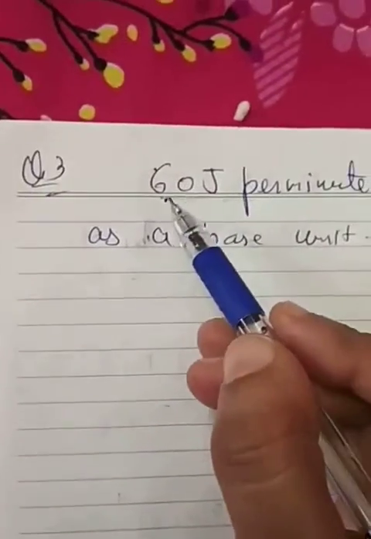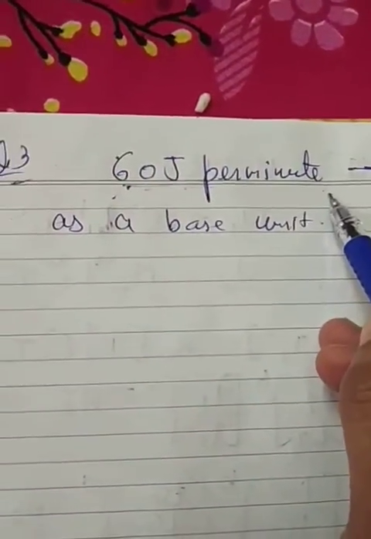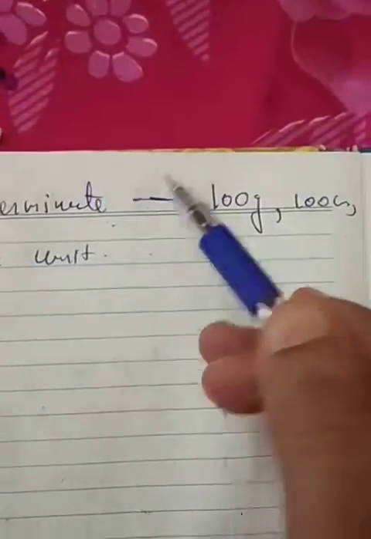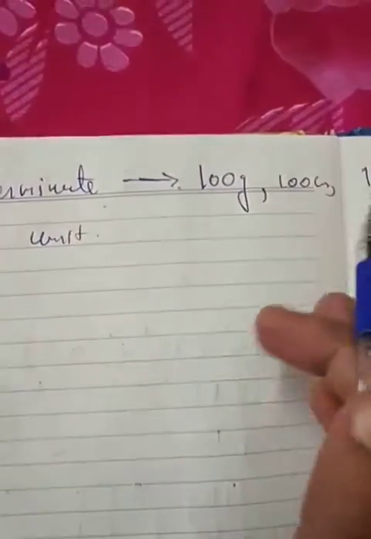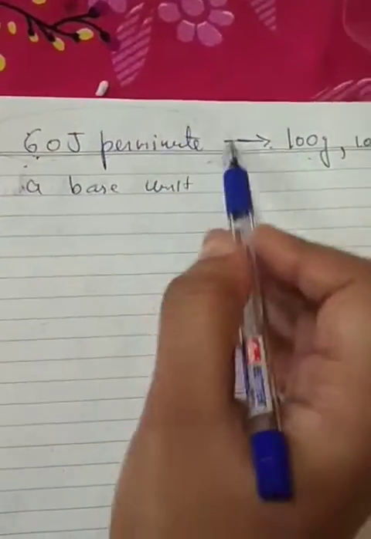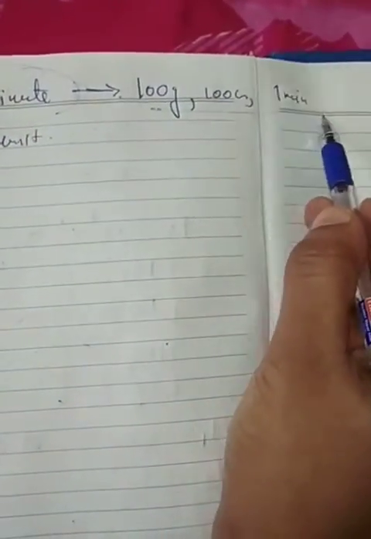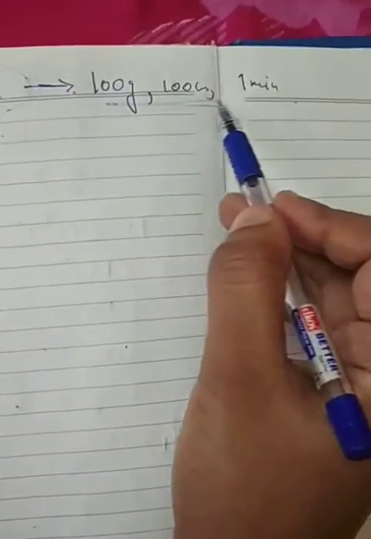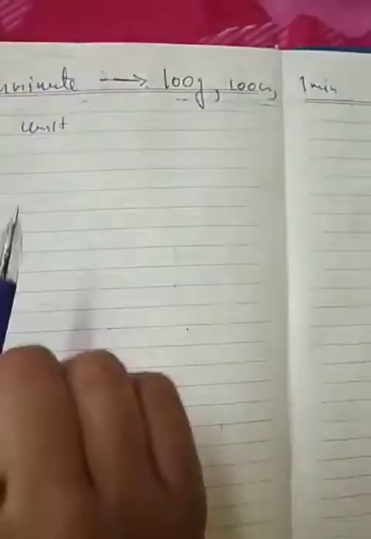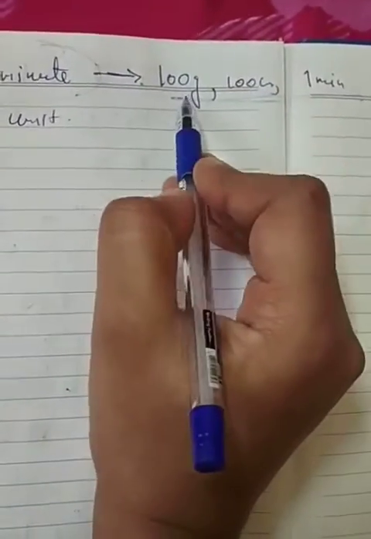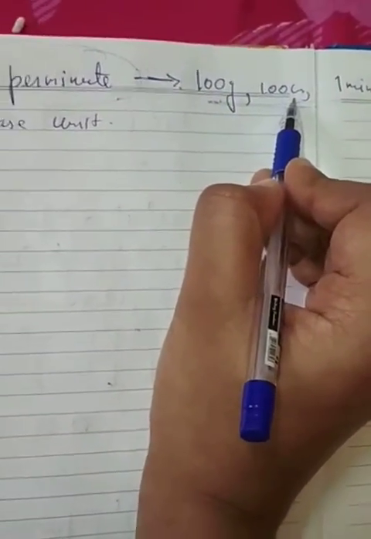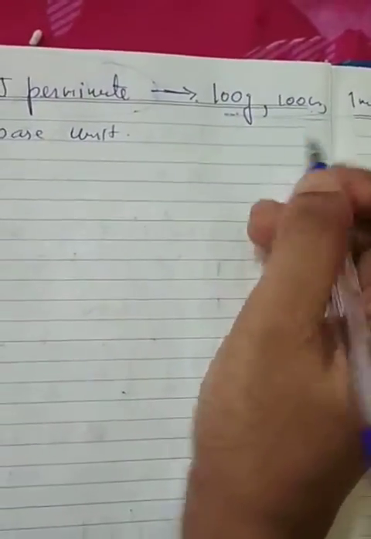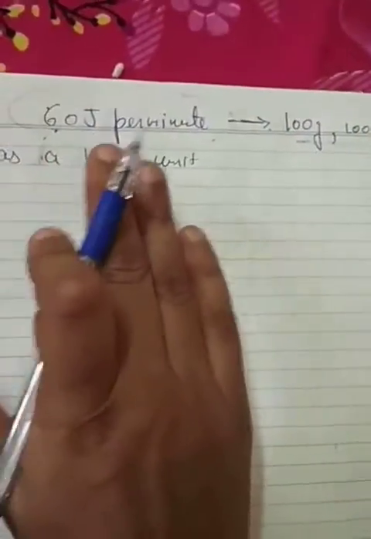So what did they want to know? They wanted to know the value of 60 joule per minute on a system. On a system means grams, centimeter, minute. They want to know this value in terms of that system. Till now you get that this is in terms of grams, this is in terms of centimeters, so it means this is a CGS-type system.